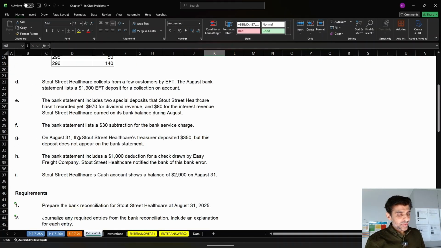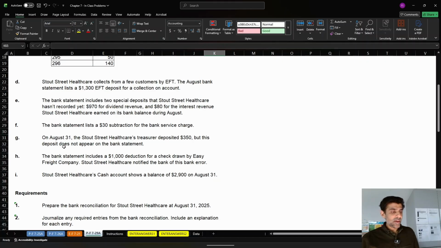On August 31st, we deposited $350, meaning that we made a journal entry to deposit $350, but this deposit does not appear on the bank statement. So the wording also makes it extremely explicit that this is a bank side adjustment because it's saying it does not appear on the bank statement. So that means I'll have to do an adjustment for it.